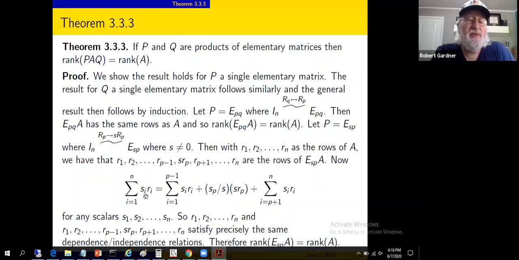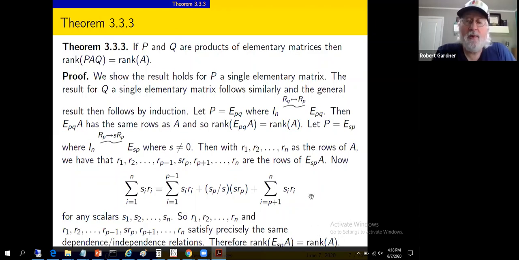If some of these are non-zero, then some of these coefficients are non-zero. So if we've got linear dependence on the r sub i's, we've got linear dependence on these other things by just tweaking that p vector by multiplying it by s. We get the same dependence-independence relations between this collection of row vectors and this very slightly modified collection of row vectors. So the ranks are the same.